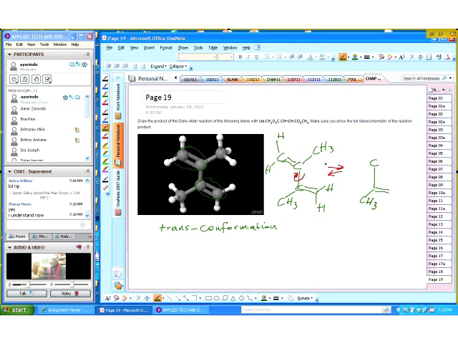We rotate this carbon on top, so that this methyl now will be here, and the carbon-carbon double bond will now be here.